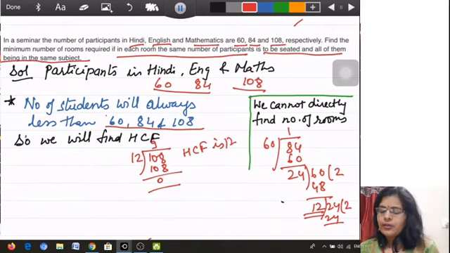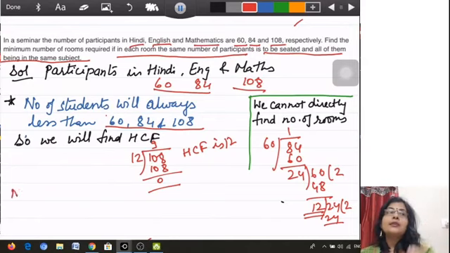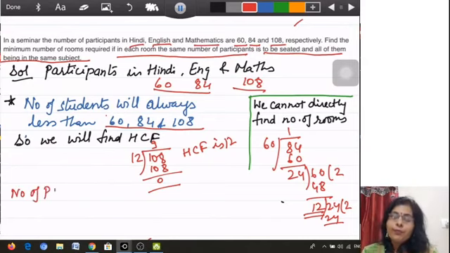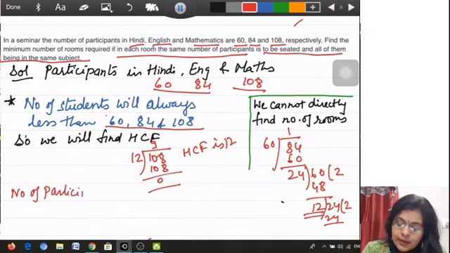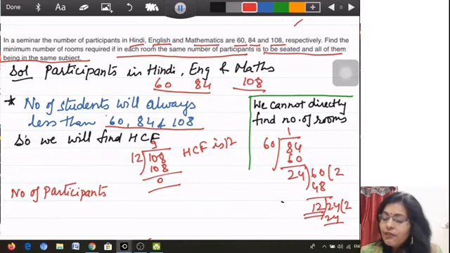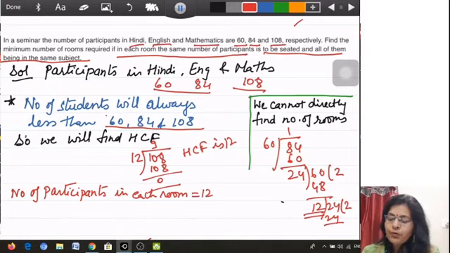So now we will proceed to what is being asked in the question. We cannot find the number of rooms directly through our solution. So we have found that the number of participants in each room is 12.